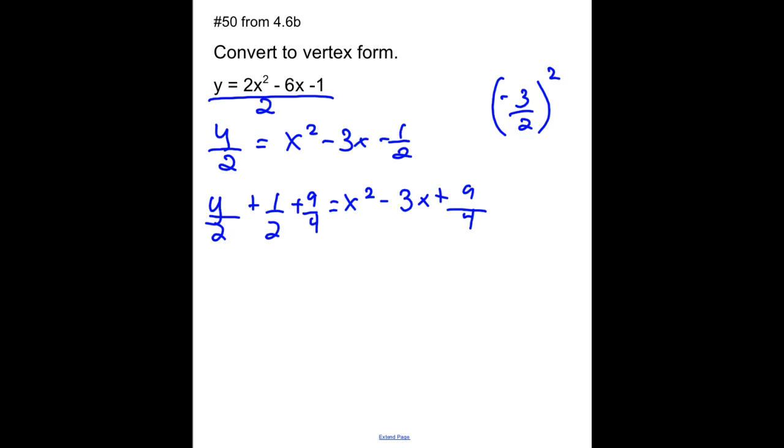Now, on the left-hand side, I have 2 constants. I have a 1/2 and I have a 9/4. I want to put those together. I need a common denominator. 1/2 would be the same as 2/4 plus 9/4. We get 11/4.